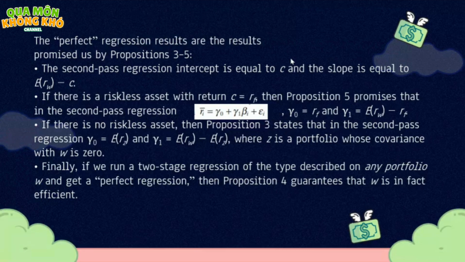So finally, if we run the two-stage regression of this type on any portfolio W and get a perfect regression, then proposition 4 guarantees that W is in fact efficient.